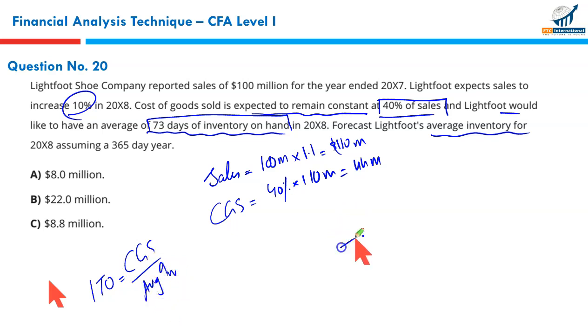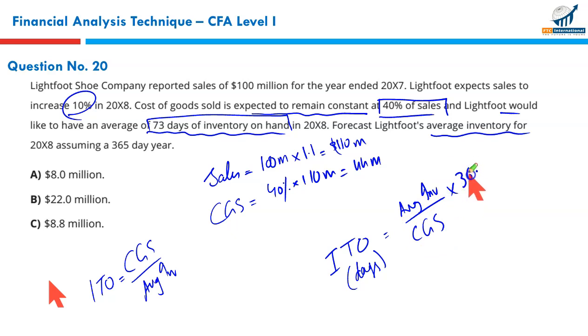But if you need to find out the inventory turnover days, I am sure you know how to manipulate the formulas. Inventory turnover days is just the reversal of this: average inventory divided by CGS times 365. Using this way, you can directly calculate what you need.